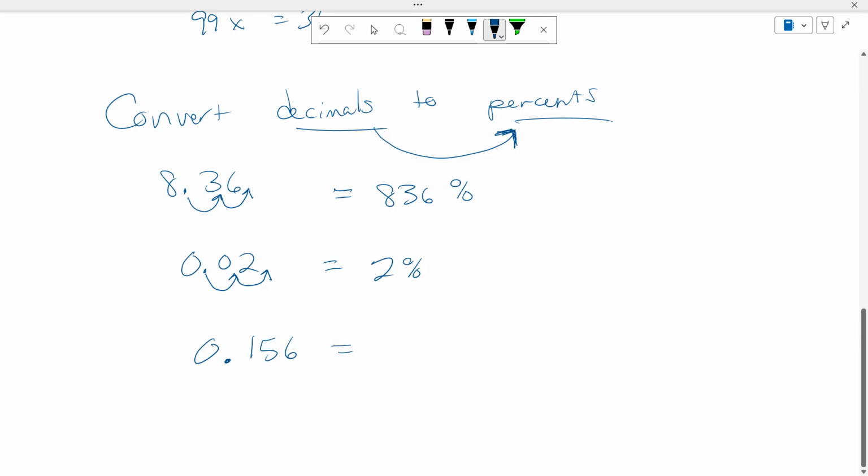What do I do with my decimal when I'm converting to a percent? Move it 2 to the right. 1, 2. So it's 15.6%. Okay? That's converting decimals to percents.